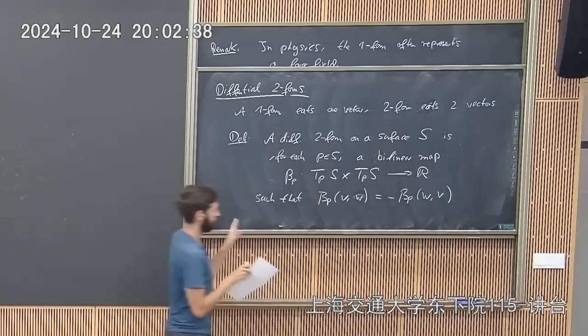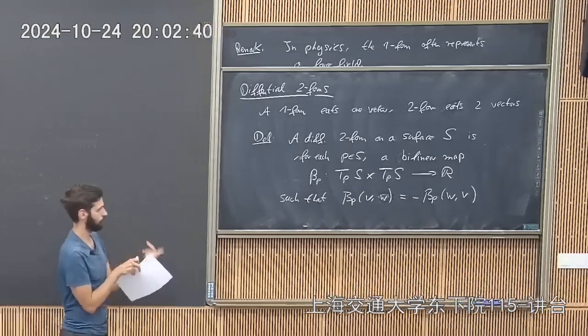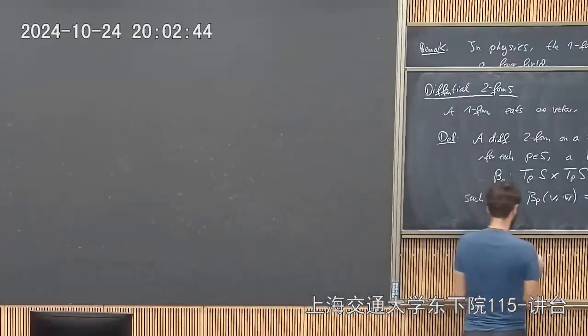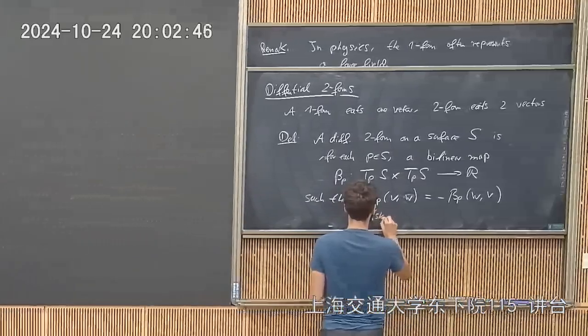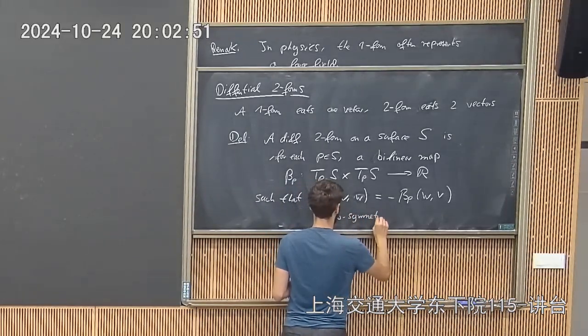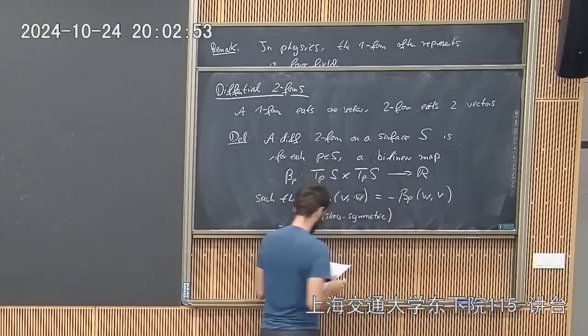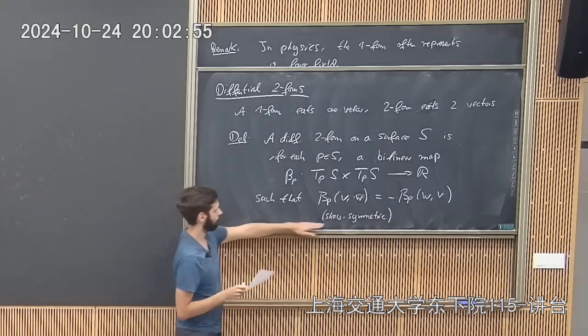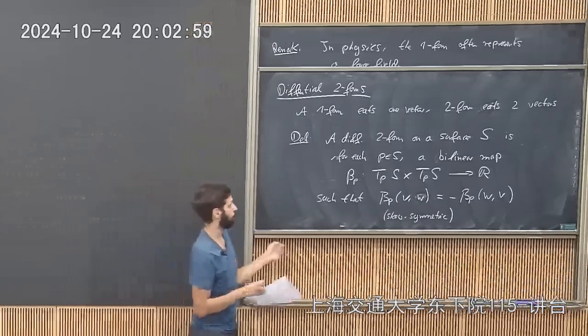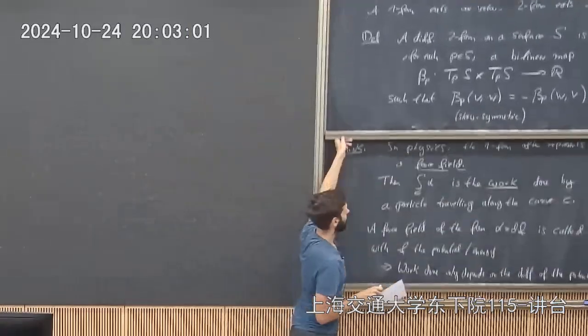If you plug them into your beta and you change the order, you get the minus sign. So it's skew symmetric, or antisymmetric. And we will see in a second that this skew symmetry is essentially what is needed in order to talk about integrals.